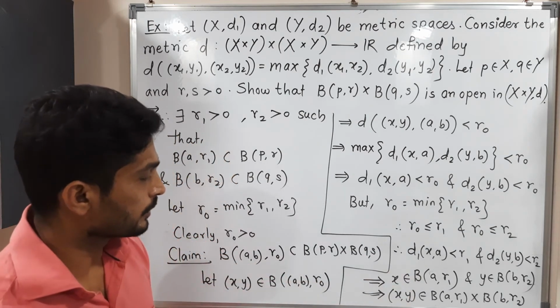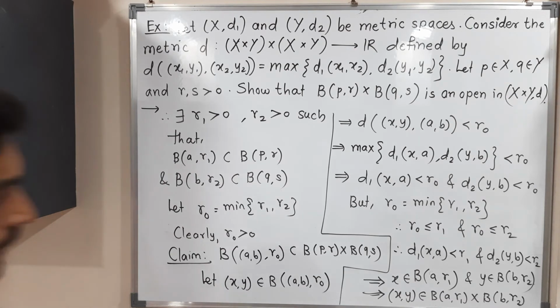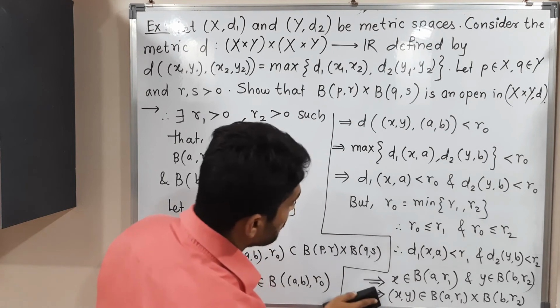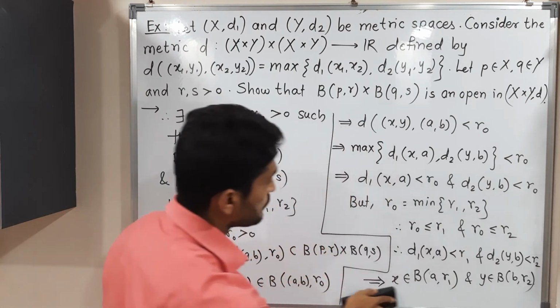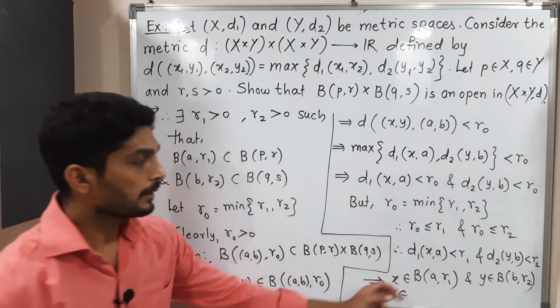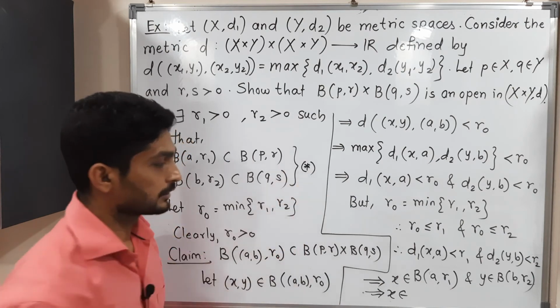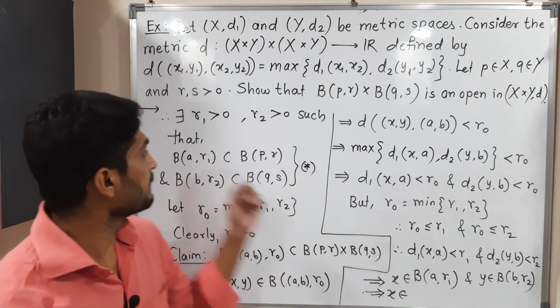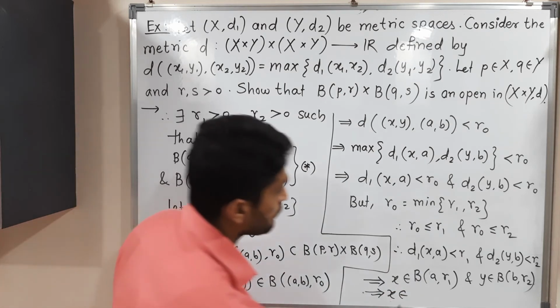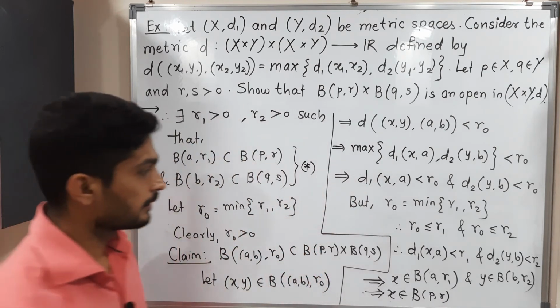I hope all of you understood. Make a screenshot of it, please. One thing we can do here: x belongs to B(a, R1), I will call it star. This ball is a subset of B(p, r), so x belongs to B(p, r).